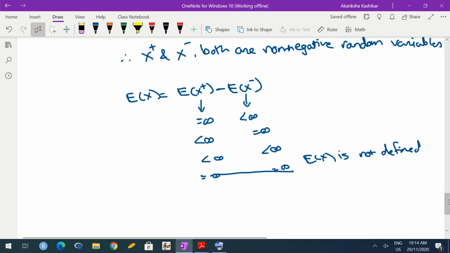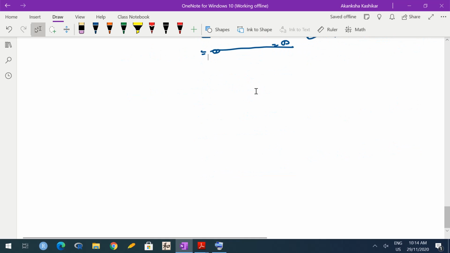Now we are going to introduce one more term, integrable random variable. So it won't matter in case of simple random variable, but it would matter in case of others.